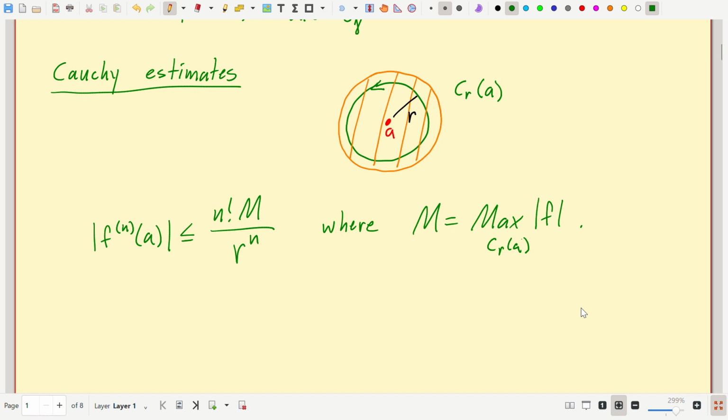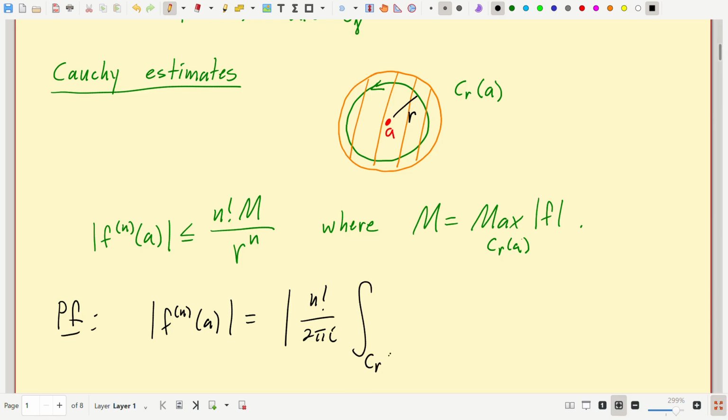When you look at the integral formula, you get, let's see, the modulus of the nth derivative at a is equal to the modulus of n factorial over 2 pi i times the integral around the circle. Here's the f of z in the numerator. That's where the M comes from.